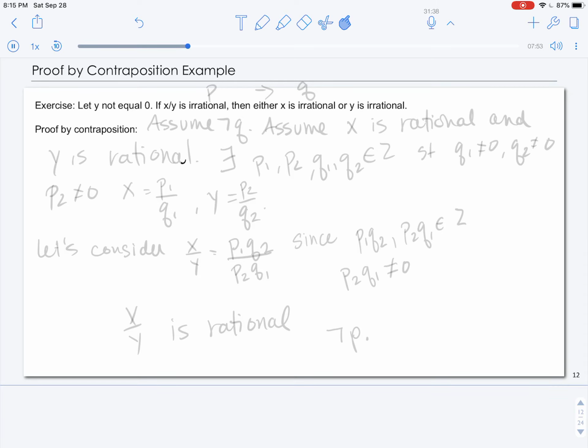To do so, we start off with assuming not Q. So just again, this is P implies Q, and we are going to assume not Q. What this means is assume x is rational and y is rational.